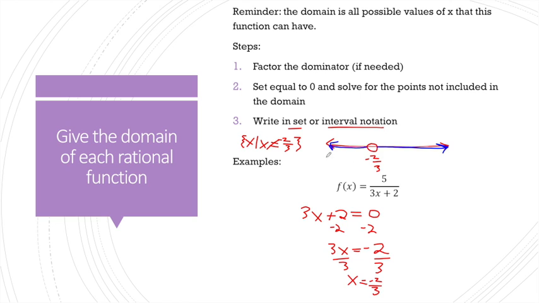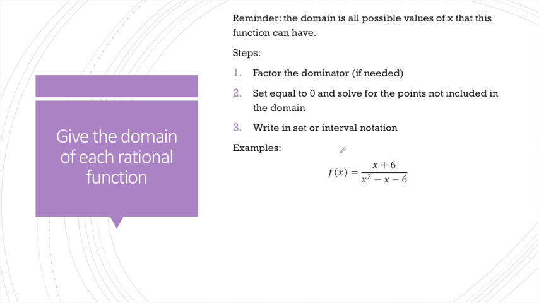So I could write this in interval notation. It goes from negative infinity to negative 2/3. And I'm going to union that, right? I've got a hole at negative 2/3, so negative 2/3 is not included in my domain. From negative 2/3 to infinity. So there it is in set or interval notation. You can choose your pick.